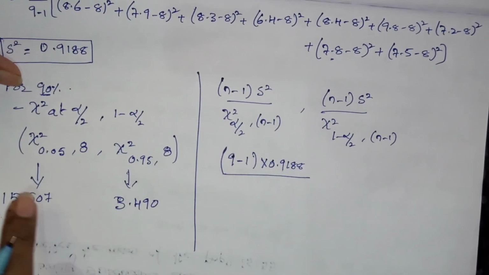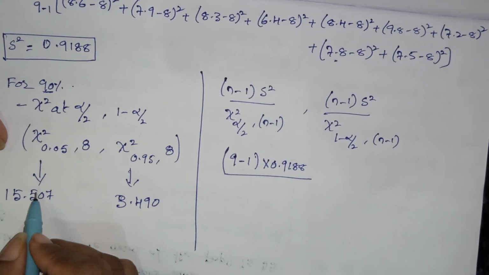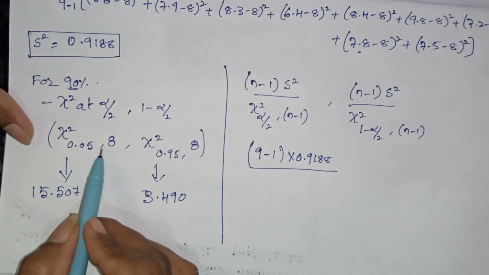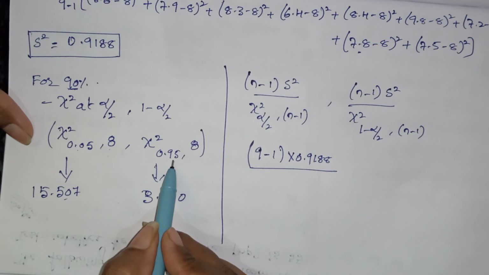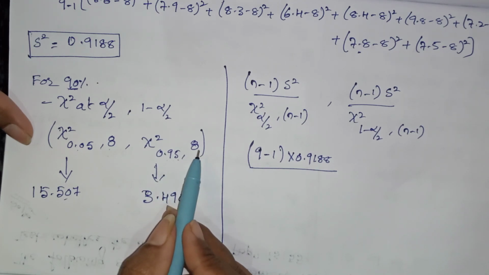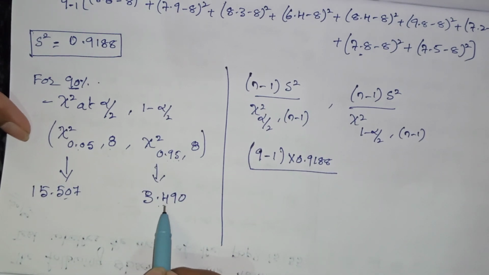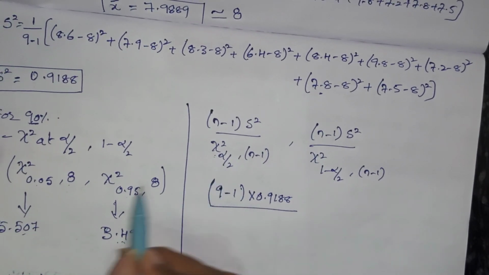These are the table values, critical values also we can say. Chi-square distribution critical values at 5% with 8 degrees of freedom, and at 0.95 level of significance with 8 degrees of freedom the table value is 3.490. So here we put first chi square alpha by 2.